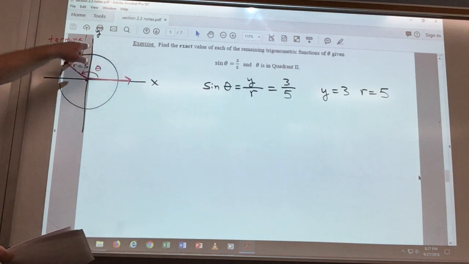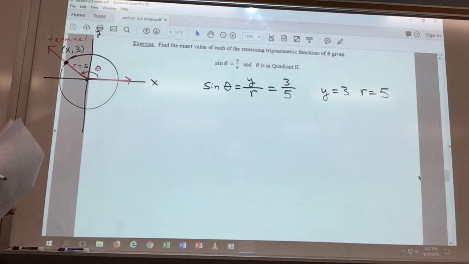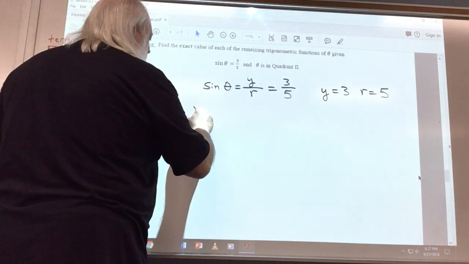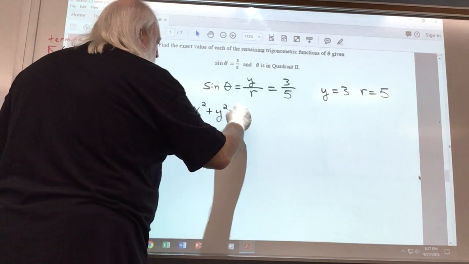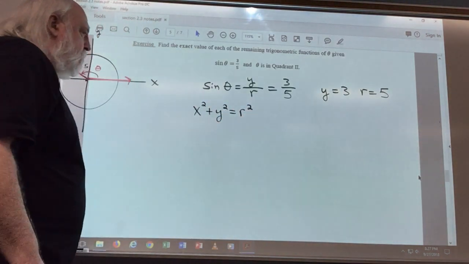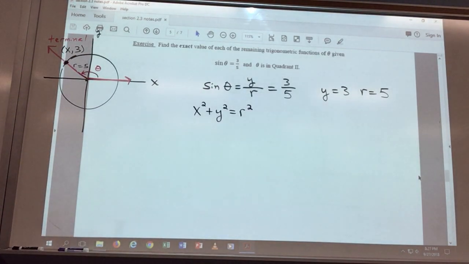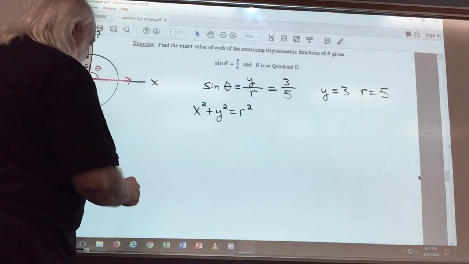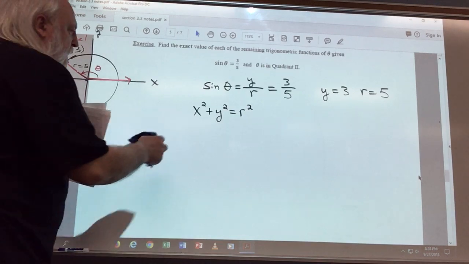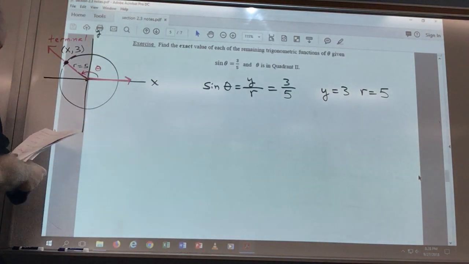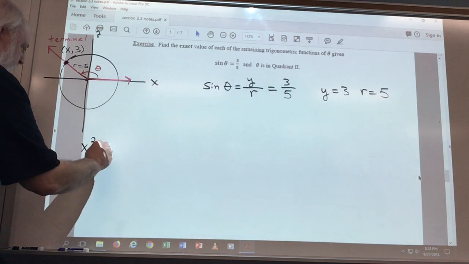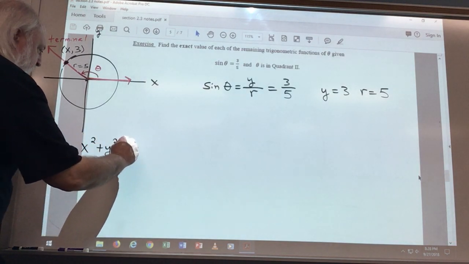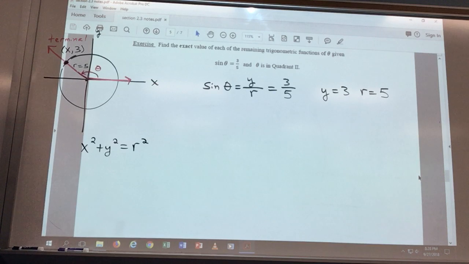Well, the equation of this circle of radius r, we know is x squared plus y squared is equal to r squared. X is the unknown. That's what we're trying to solve. Actually, I'm going to move this over here. X squared plus y squared is equal to r squared.